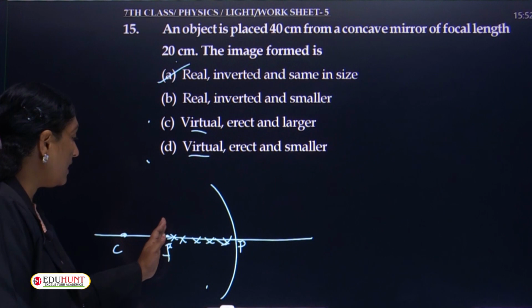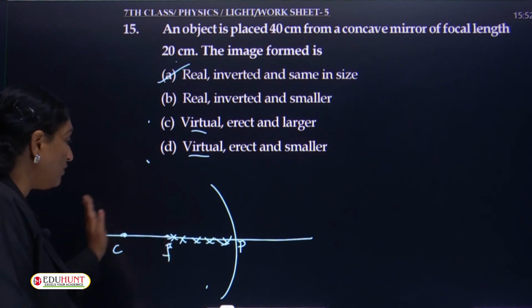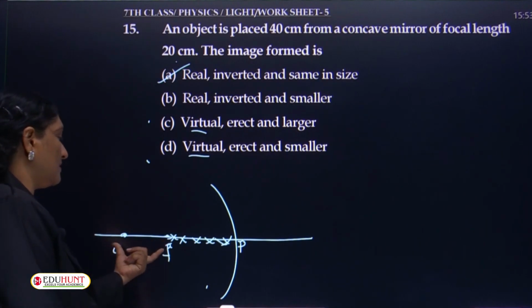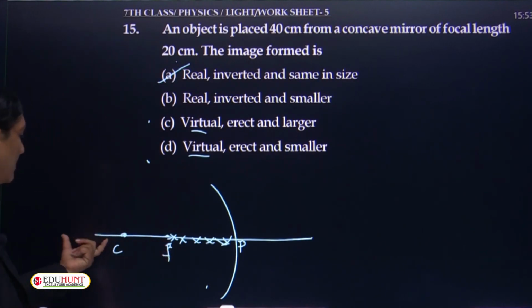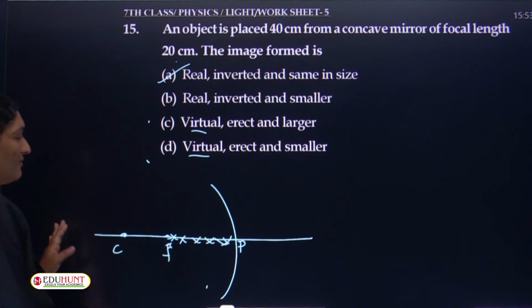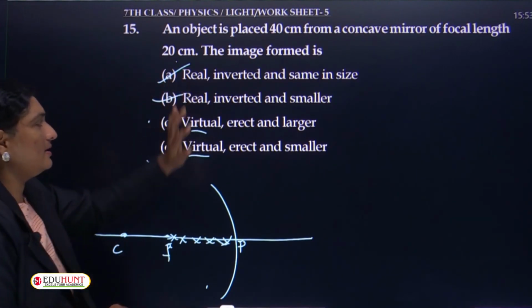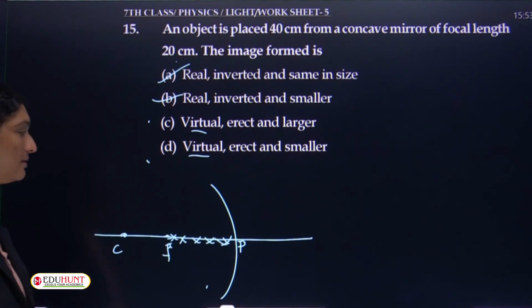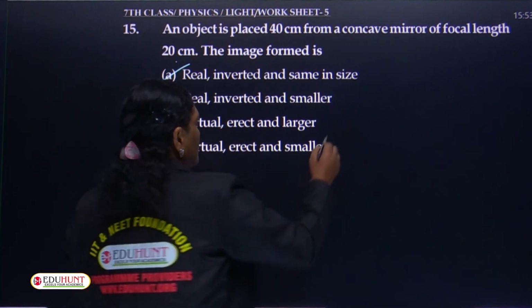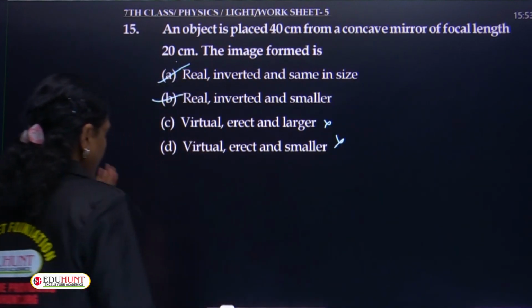But whenever an object is placed before the focus point, away from the center of curvature, you always get a real image. So no doubt option C and option D are absolutely false.